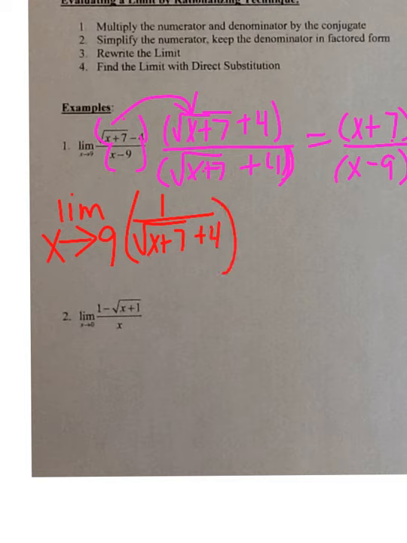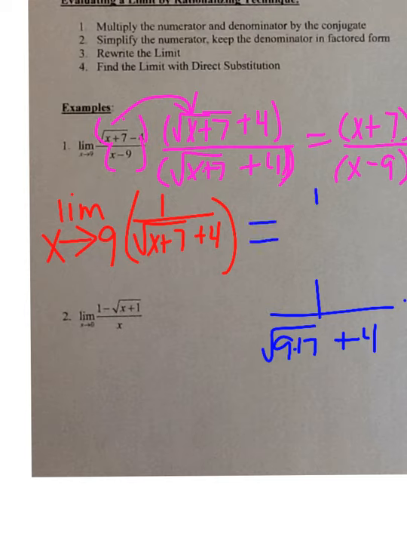Now we're going to do direct substitution and plug in 9. So you could do that on the side over here. So we're going to have 1 over the square root of 9 plus 7 plus 4. So 9 plus 7 is 16. So we have the square root of 16 plus 4. The square root of 16 is 4. So we have 4 plus 4 is 8. So the limit is 1 over 8.